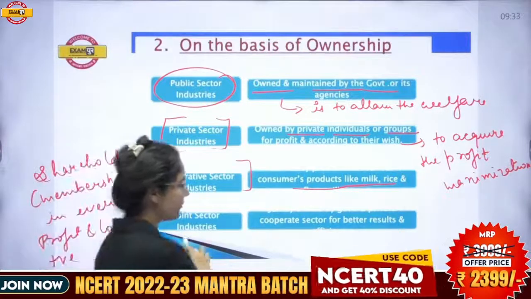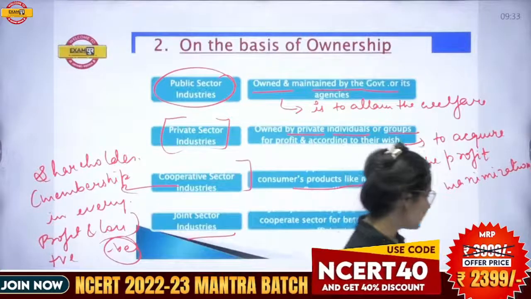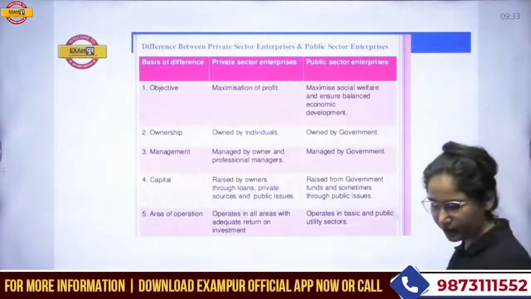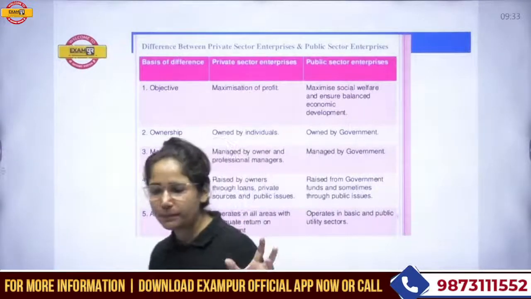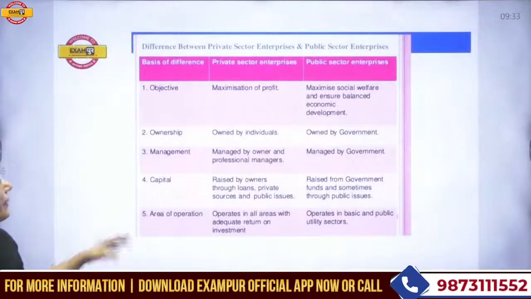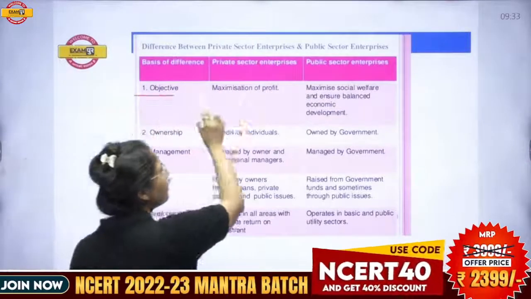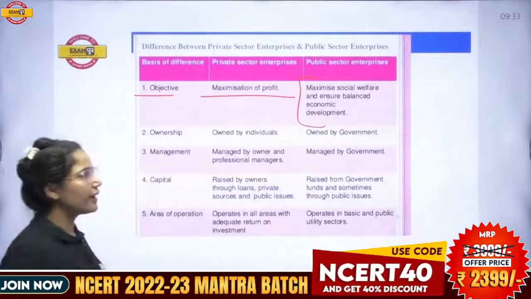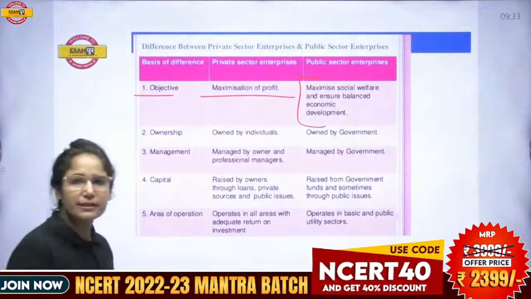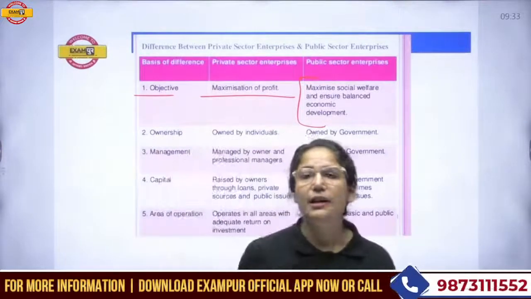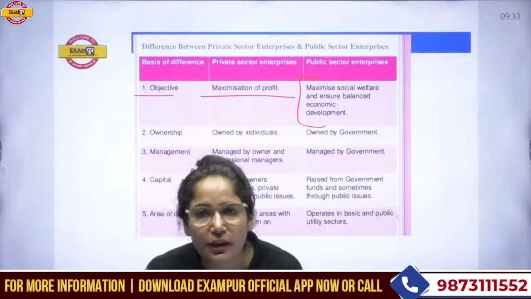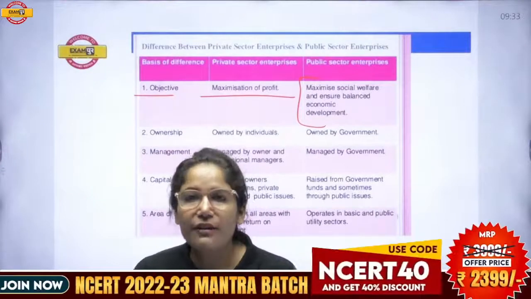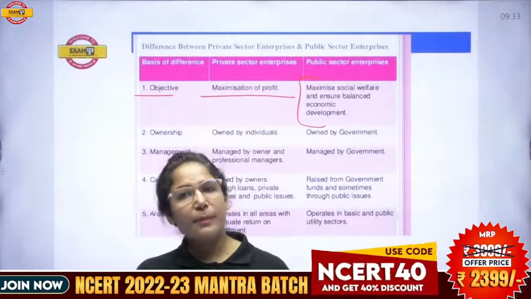Joint sector industry, if we are talking about, joint sector means various firms are taking participation in the same format. Just in order to know about the public and private part, what are the main objectives? Maximization of profit. And in the public sector, maximizing social welfare, they are more concerned about balanced economic development. Means if you are making growth in the economy, simultaneously you need to upgrade the economic developmental parameters. What are the developmental parameters?